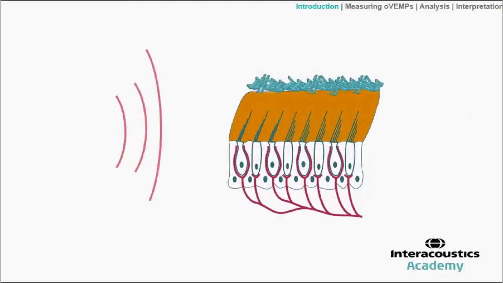So here we have a sound wave pushing, and it's noteworthy that we're not here talking about, although it is sound, an auditory evoked potential, but rather we're talking about a vestibular evoked potential, and that's demonstrated by patients who might be profoundly deaf, but still are able to exhibit a VEMP.